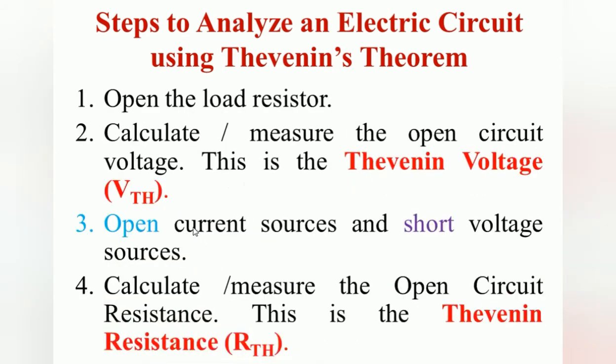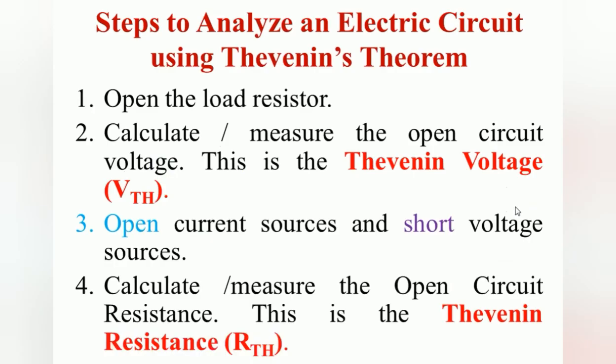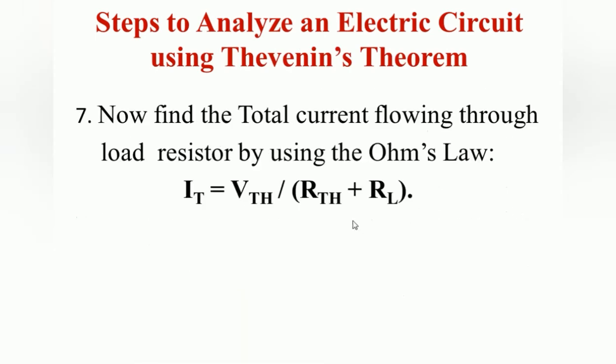In this network, after connecting the load resistance, Ohm's law means I is equal to V divided by the total resistance of the network. So the current I flowing through the load resistance will be VTH divided by the total resistance, RTH plus RL. This formula is nothing but the Ohm's law representation.